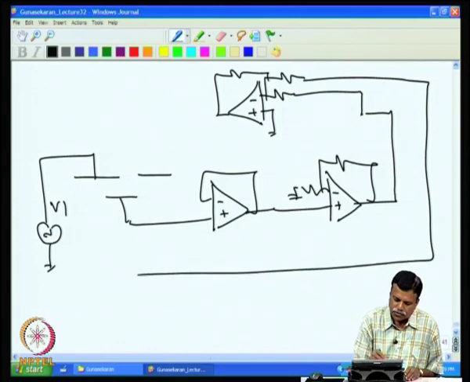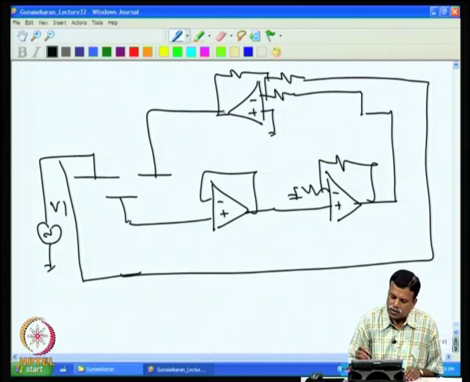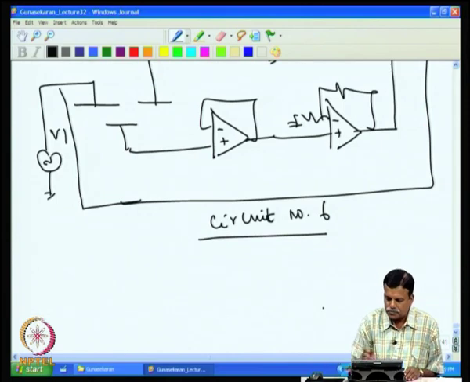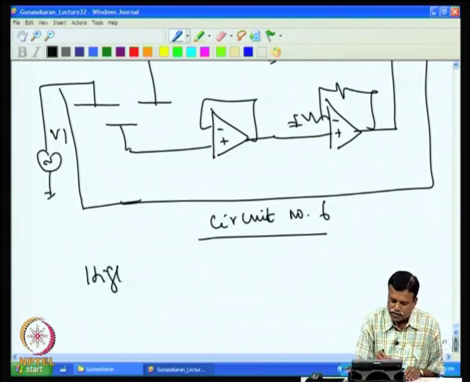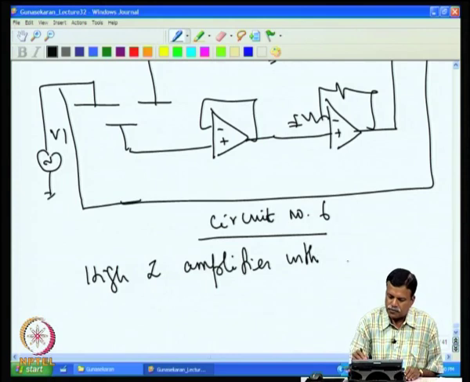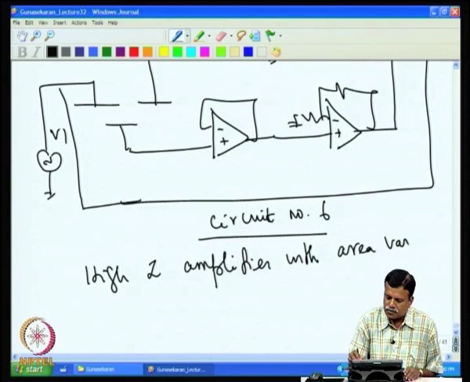This can be connected to the input, and this is connected to this. So, this we call circuit number 6. This is the high Z amplifier with area variation with feedback.